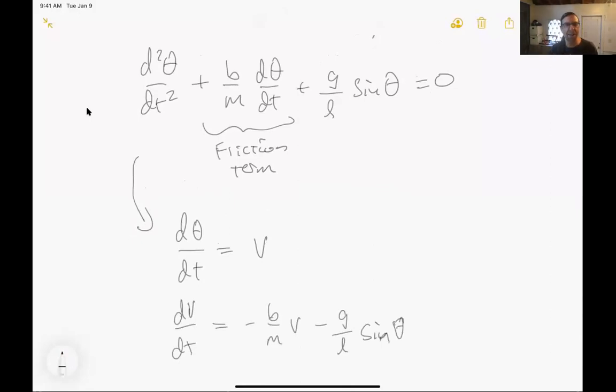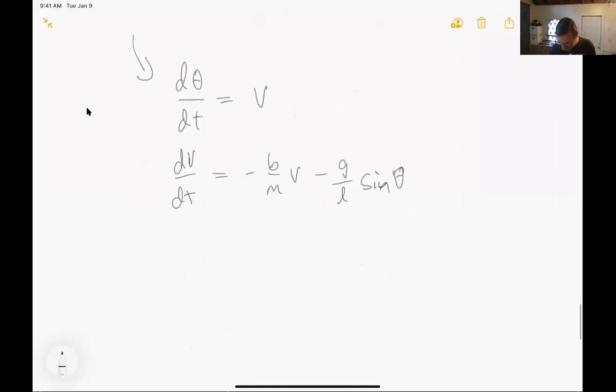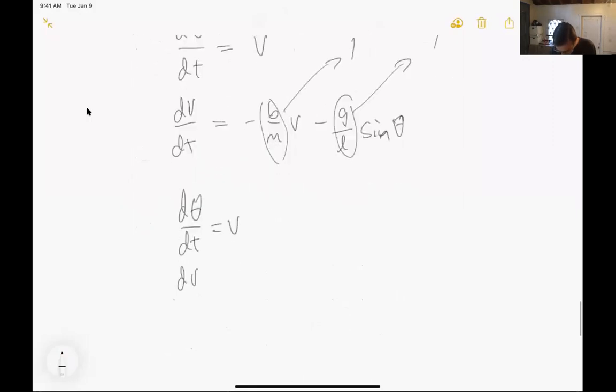And now I'm going to exercise my right as a mathematician to pick whatever units I want. Physicists don't have that right, but I love being a mathematician, so I don't have to worry so much about units. I'm going to pick all my units and all my constants so all those coefficients are just 1. So b over m is just 1, and g over L is just 1. And so now we're looking at the system d theta dt equals v, and dv dt equals minus v minus sine theta.